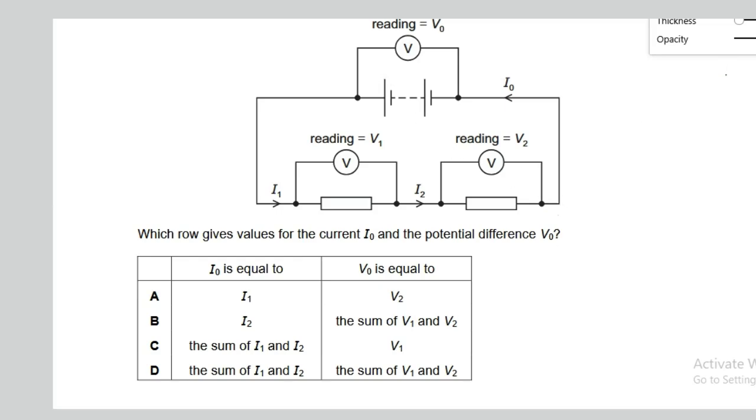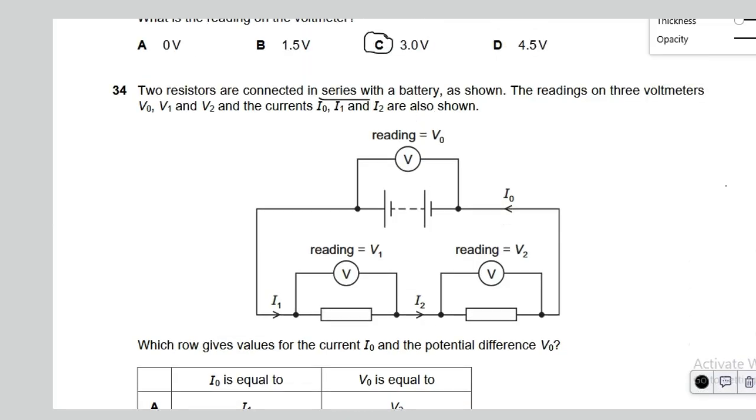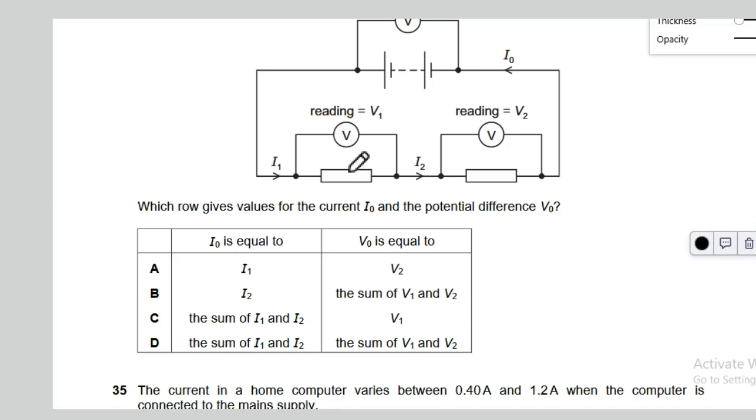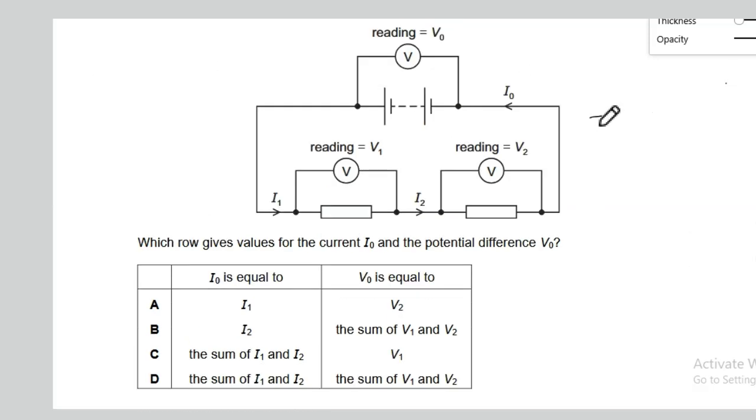So these two resistors are connected in series, and we know that in a series circuit the current at all points is equal and the EMF is equal to the sum of voltages across the two resistors. So I0 is equal to I1 and I2, and V0 is equal to the sum of V1 and V2. So option B is the correct answer.